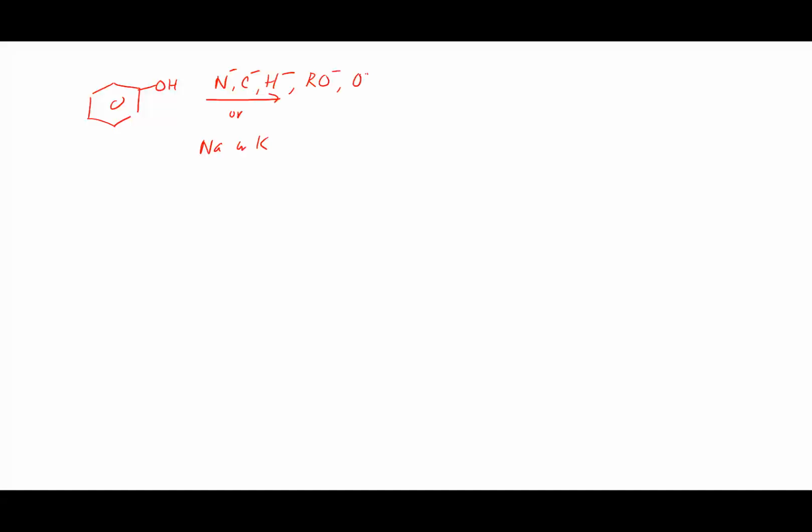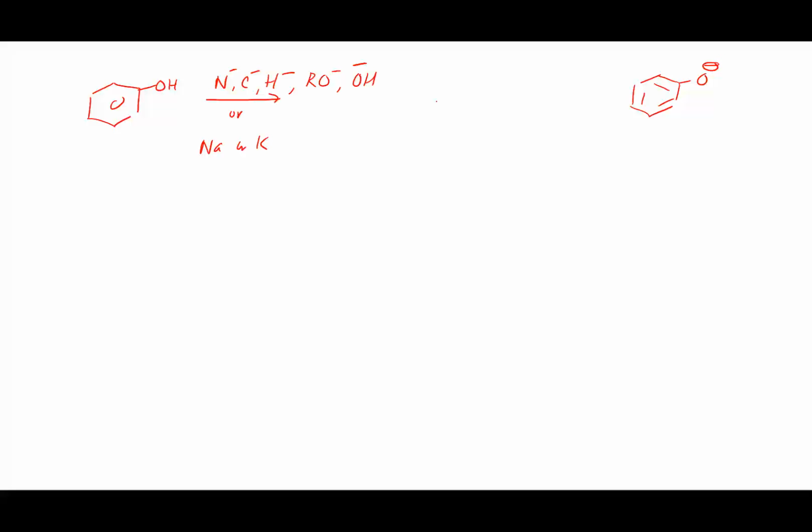Alkoxide or hydroxide will also deprotonate a phenol, because if you remember, this goes back quite a while, when you make a phenoxide, it's stable because of all the resonance structures you can draw. So phenol is a stronger acid and can be deprotonated by hydroxide or an alkoxide.